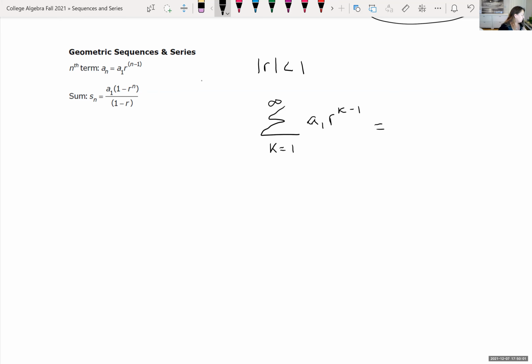It's going to sum to one particular number. Then this is equal to the first term all over 1 minus r. So this means that the series converges.